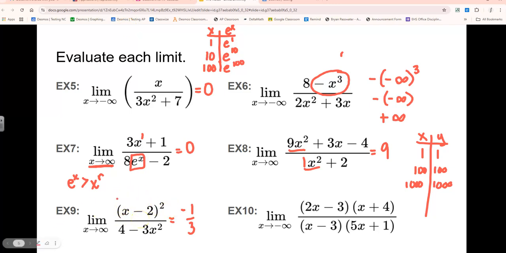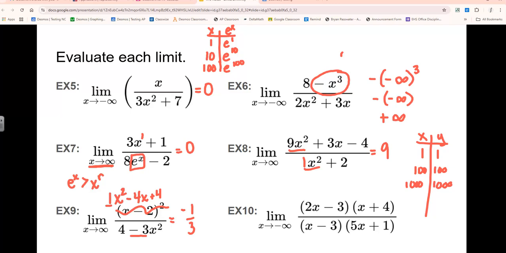So that numerator is really, if we double square, x squared minus 4x plus 4 right there. So we're looking at that -3 and the 1 right here. So we'll get negative 1/3 for that. So if you get something where it's not multiplied together, you have to at least think about it being multiplied together. You don't necessarily have to show the work for it, but you have to think of it that way.